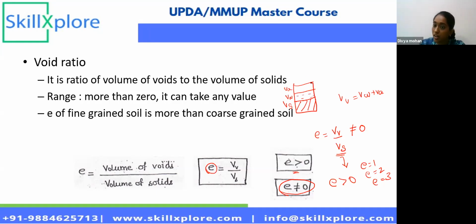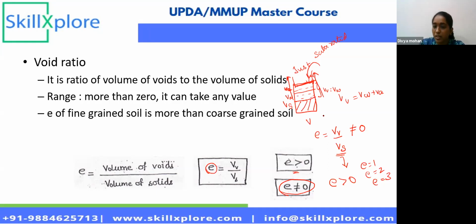If we add water into the soil, this level will increase, and at a particular level this Va will vanish, and the total Vv will be equal to Vw. At this condition, it is just a saturated condition. Even after getting saturated, if you keep adding water, Vs will be the same, but this Vw will increase.